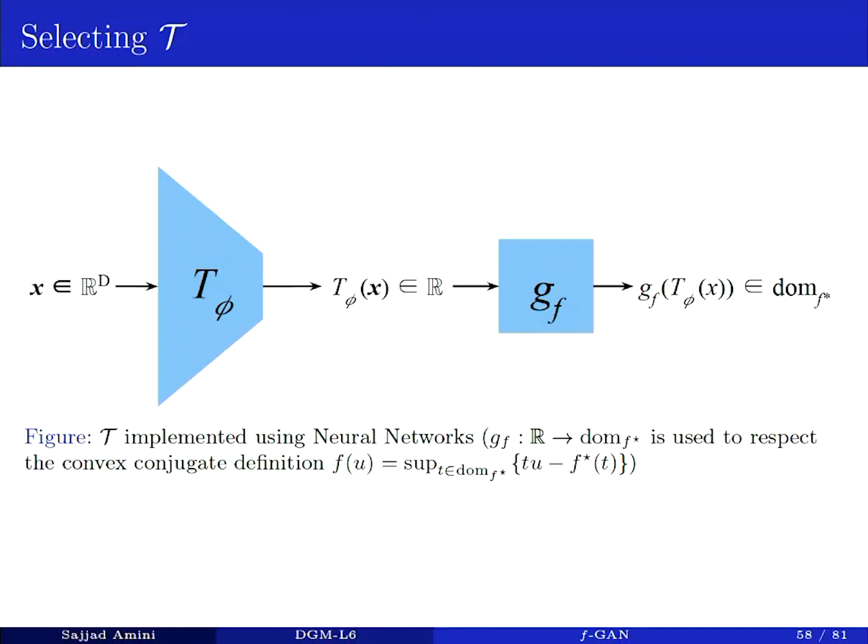So this is the complete family. This is the complete family that accepts a vector in Rd and outputs a value in the domain of F star. If you optimize this family with respect to phi, you select the T of x that we talked about before.